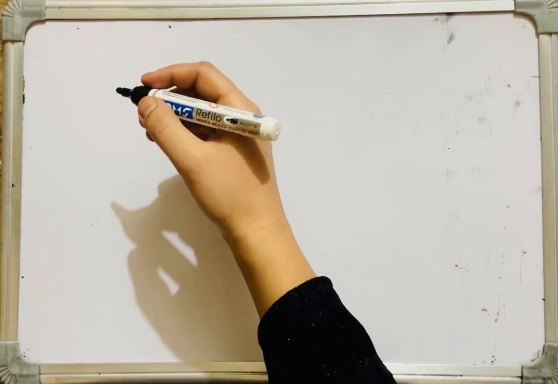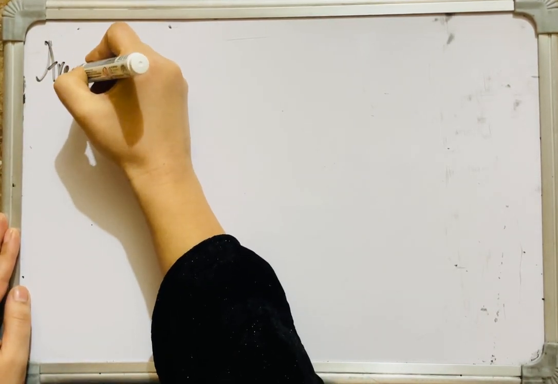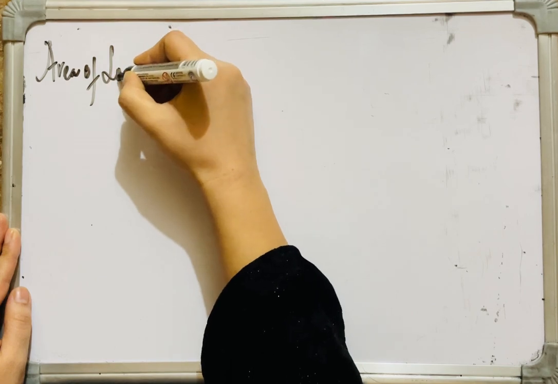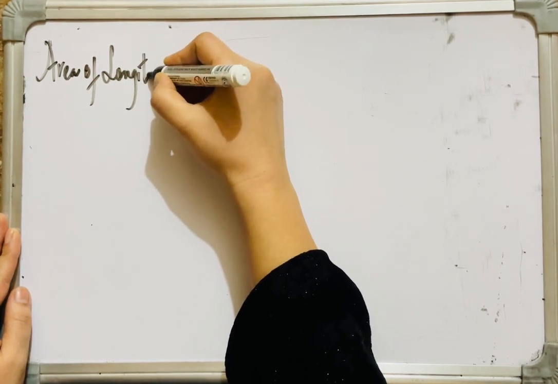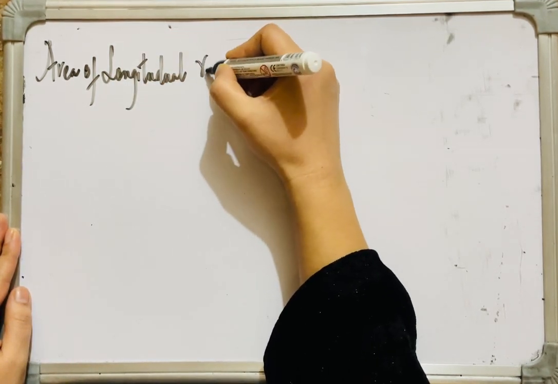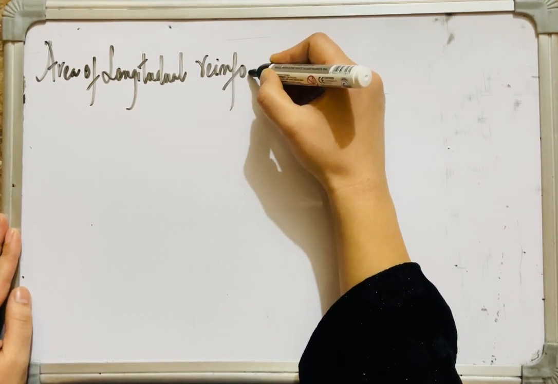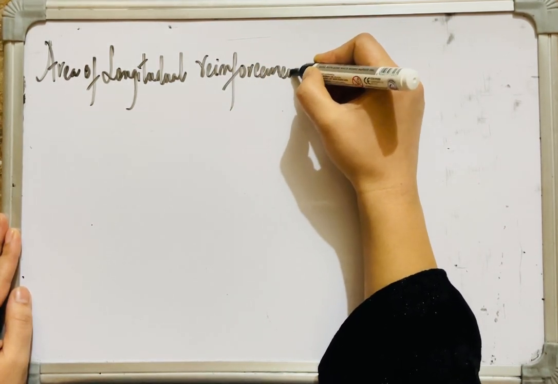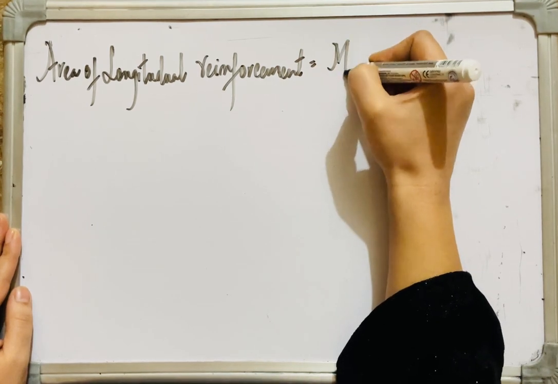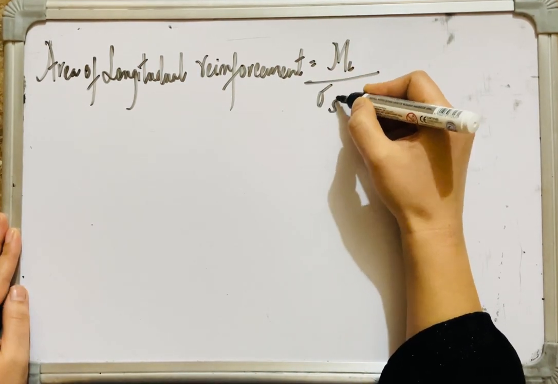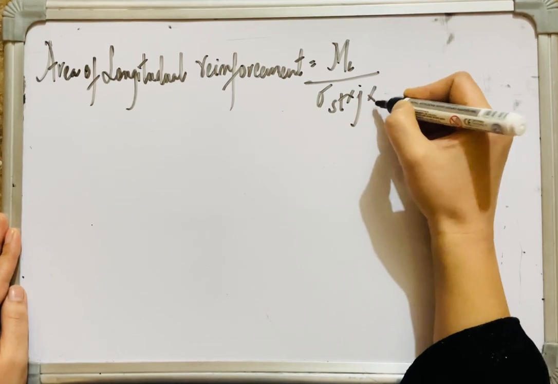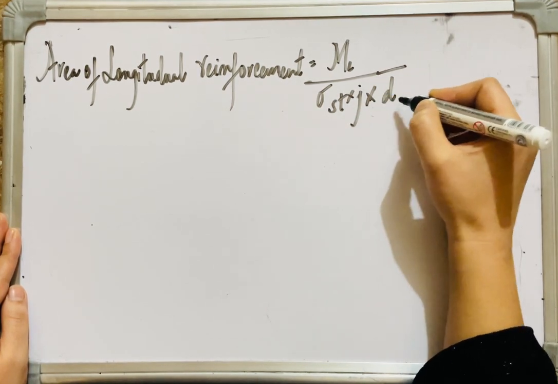All right. So how much is my area of longitudinal reinforcement? The area of longitudinal reinforcement is ML divided by sigma st multiplied with the lever arm factor multiplied with the effective depth along the span.